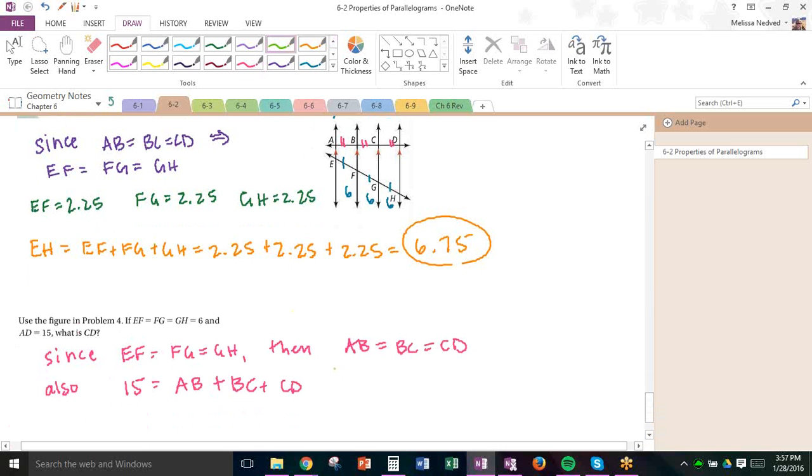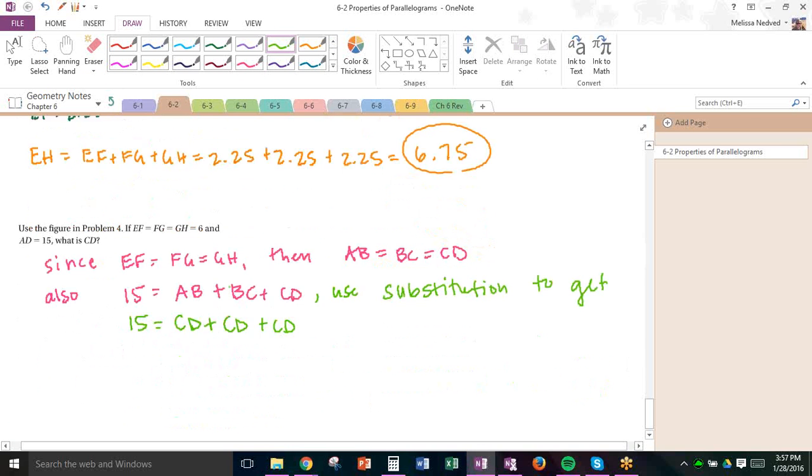Now, if we use substitution, and I replace AB and BC with CD since they're all congruent, I get 15 is equal to CD plus CD plus CD, just replacing each congruent segment with CD.